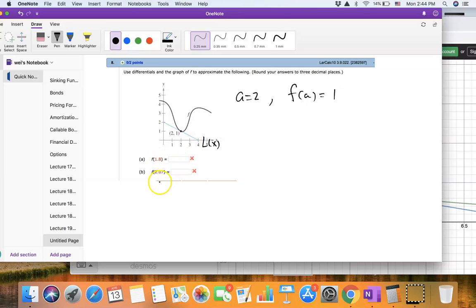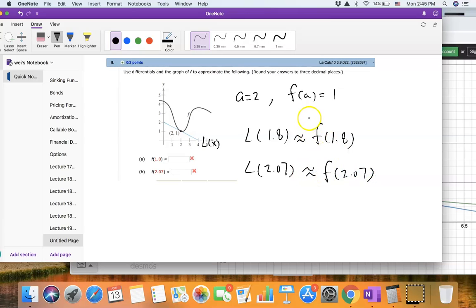Therefore, to estimate these two numbers, we just need to find what L of 1.8 equals, and use that to approximate f of 1.8, and find what L of 2.07 equals, and use it to approximate f of 2.07.